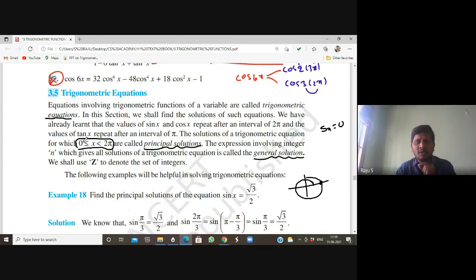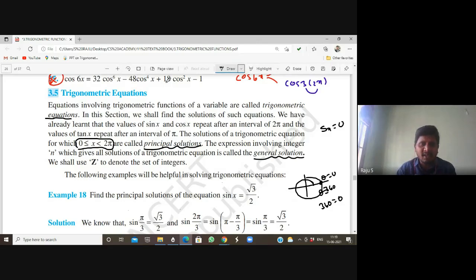Clearly we know that 360 is equal to 0. After one complete rotation, theta becomes 0 again. Observe what they have given: 0 less than or equal to x, only less than 2 pi, because 2 pi is equal to 0.